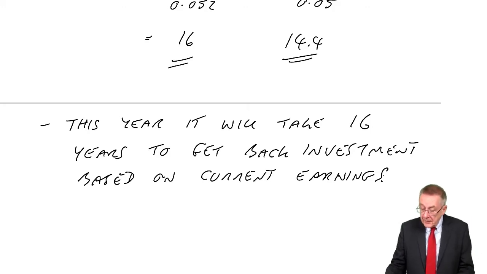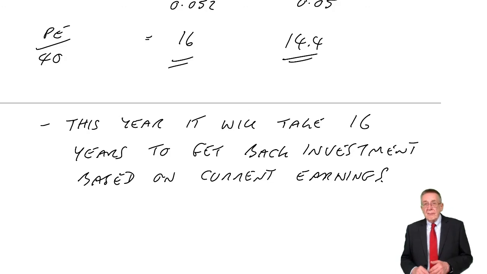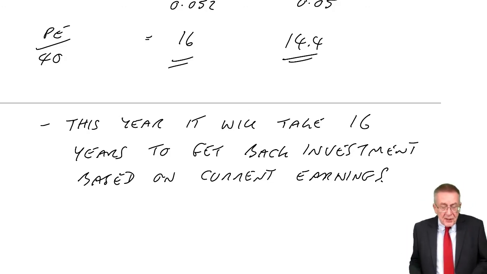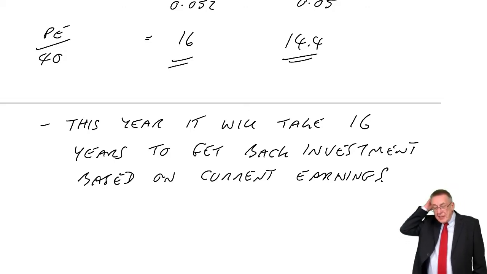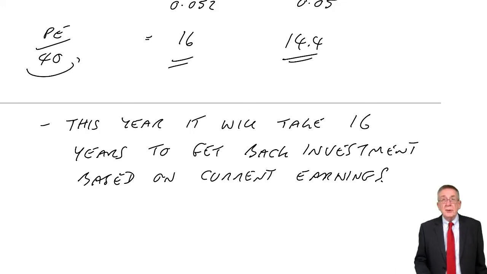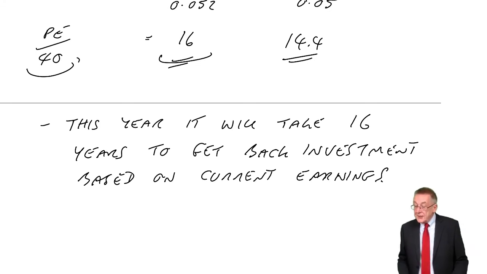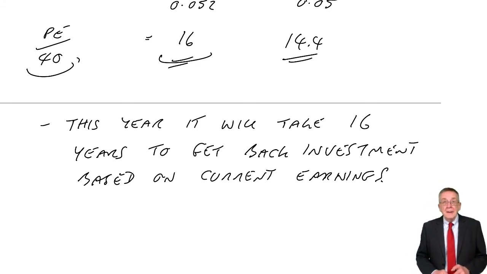Suppose I showed you another company which had a PE ratio of 40. That would mean, based on their current earnings, it would take 40 years for somebody to get the money back. So why on earth would anybody buy shares in this company if it's going to take 40 years when they could buy in our company, it'll only take them 16 years? The reason is, you see, the PE ratio is calculated on current earnings.